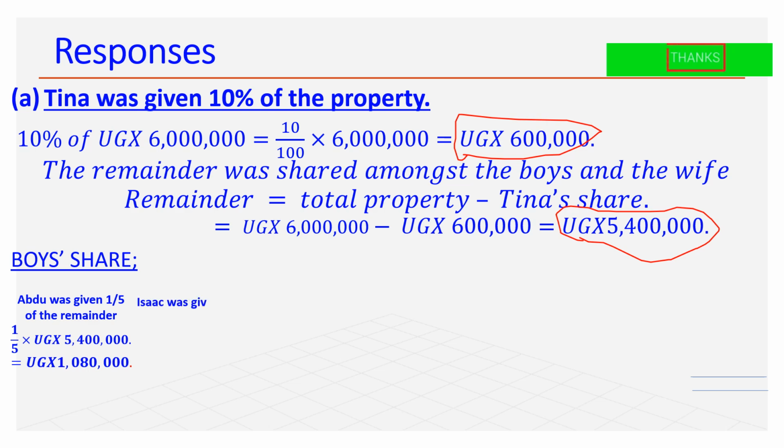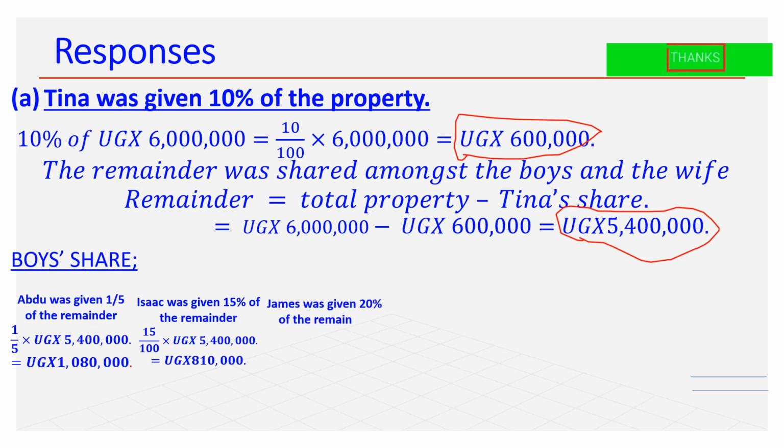Isaac, who was given 15% of the remainder, also takes 15/100 times the remainder, which is 5,400,000, and Isaac is taking 810,000 Uganda shillings.